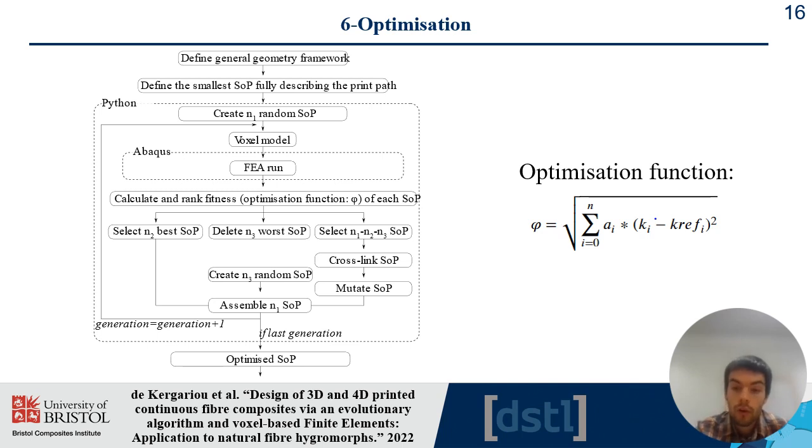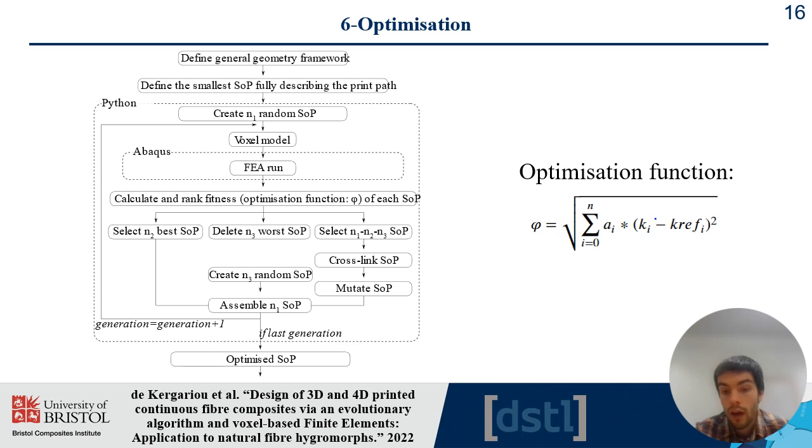We run the model for every single one of these SOPs, and we calculate the optimization function for each of them. This optimization function, called phi, is shown on the right side of the screen. It compares kappa ref i, which is the reference that we set as target in the model. So this is going to be two curvatures for a specific example.